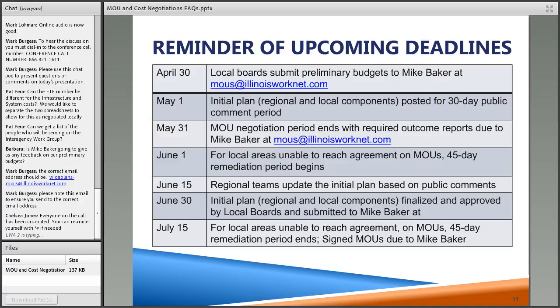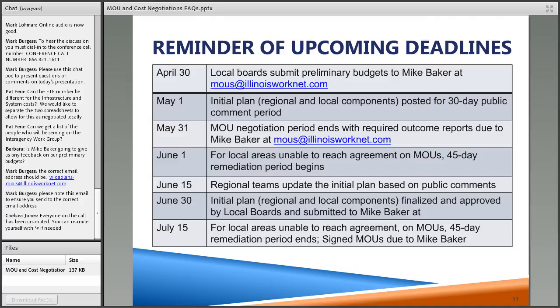I mean, the other element, and not to get into all the detail, but the test that the feds use is relative to the benefits received. And one way of interpreting what you just said, Pat, is that there would be an over-allocation relative to the benefit received for the Title I partner, and an under-allocation relative to the benefit received for the other partners.